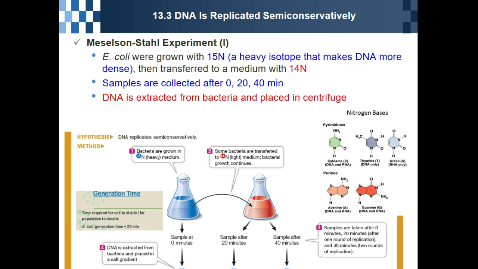First of all, E. coli was grown in nitrogen 15. It means that all of the DNA's nitrogen will be nitrogen 15, like this. After that, the E. coli were transferred to a medium with nitrogen 14.